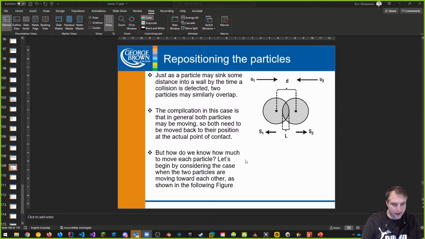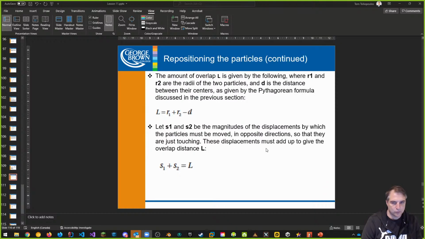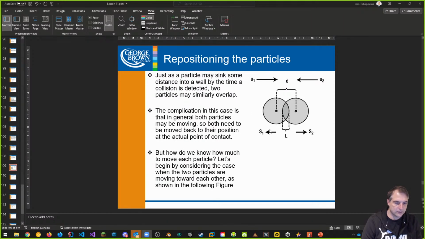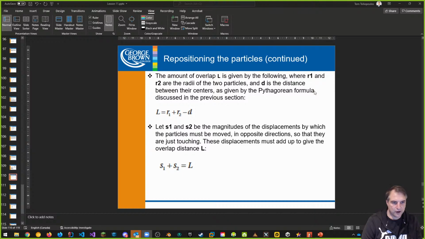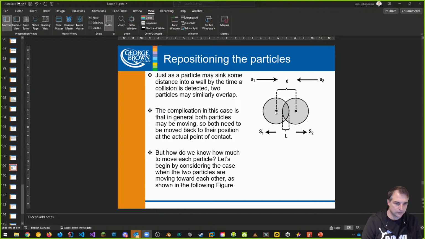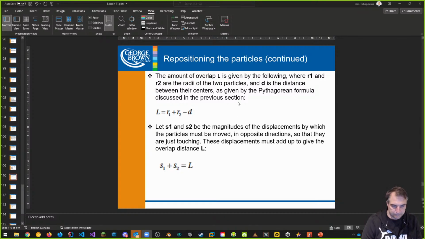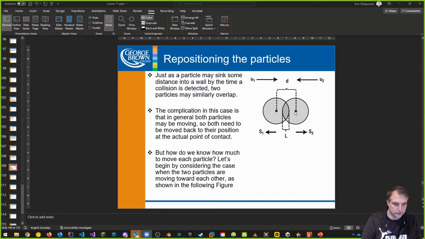But how do we know how much to move each particle? Let's begin by considering the case where the two particles are moving toward each other, as shown in the figure up here. This is the first case. The amount of overlap L, this overlap here, is given by the following, where R1 and R2 are the radii of the two particles, and D is the distance between their centers, from here to here.